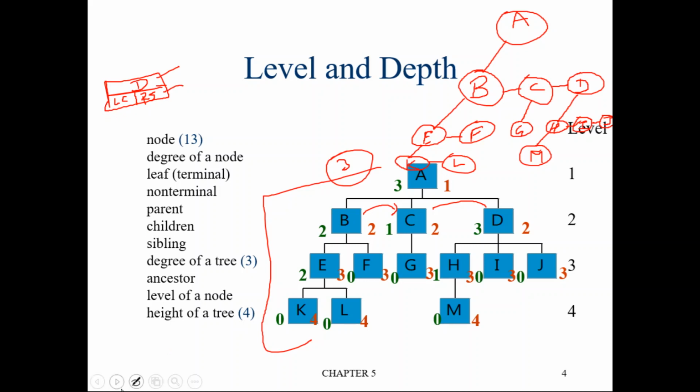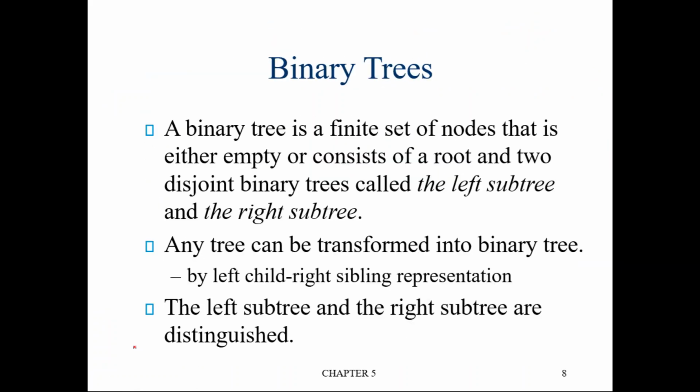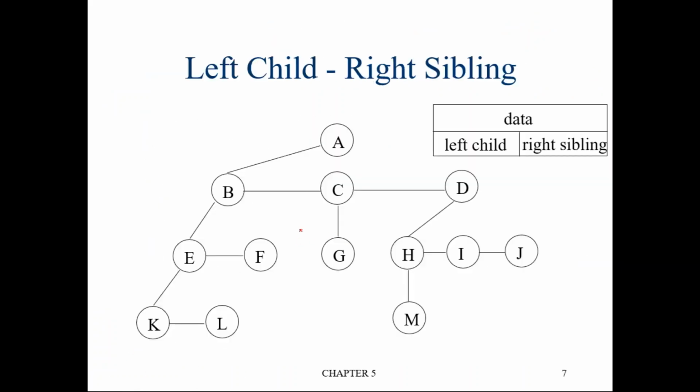Not only this tree, any tree can be represented with nodes having these two pointers, left child and right sibling pointer. So this is the diagram which we got by converting that tree using the left child right sibling style.